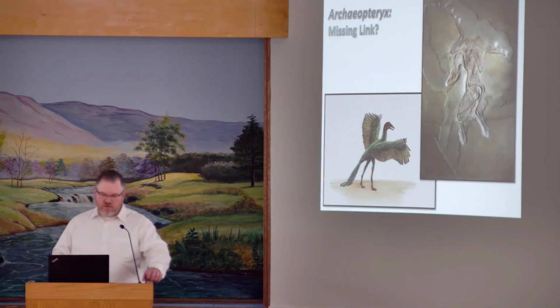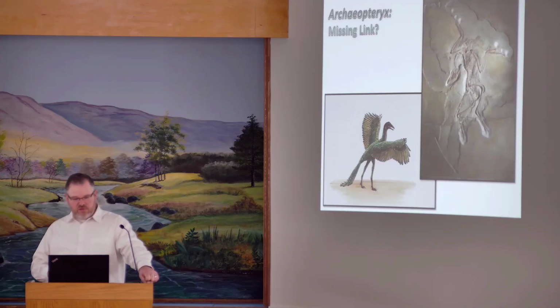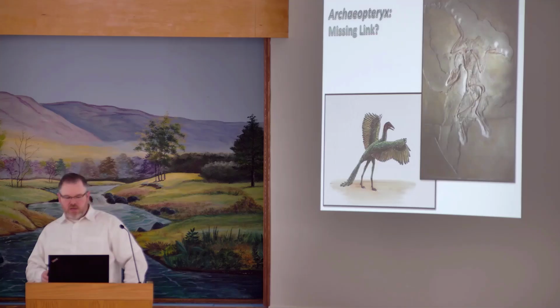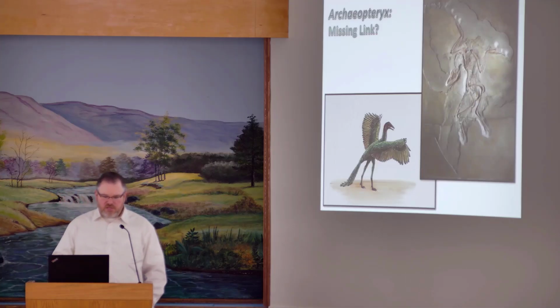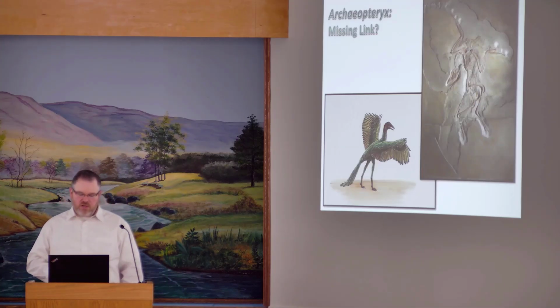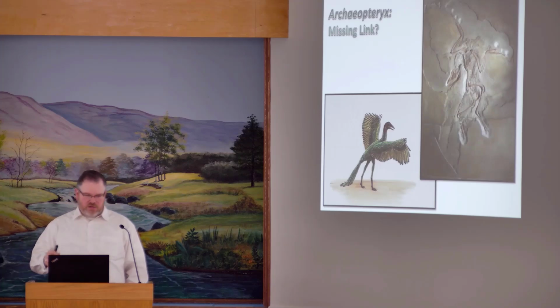What about famous alleged missing link fossils outside of the hominids that we'll look at in another session, like Archaeopteryx? You may have heard of Archaeopteryx. Back in 1861, the first specimen of Archaeopteryx was unearthed, and immediately this was jumped on as the premier example of a transitional fossil.